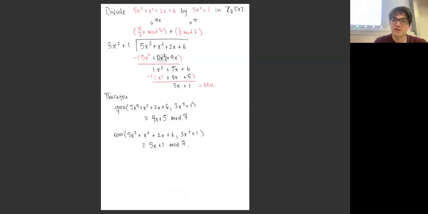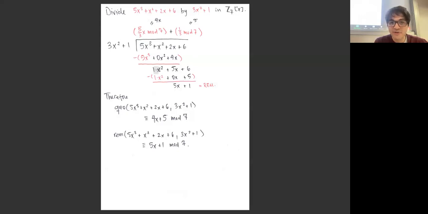There's no quadratic term. It's good to write these zeros in just so they align when you're subtracting them. And I also have 4x times 1, that gives you 4x. So if you take their difference, 5 minus 5 is 0. That was deliberate. x squared minus 0x squared gives you 1x squared. 2x minus 4x gives you minus 2x, which is 5x mod 7. And then the 6 just comes down.